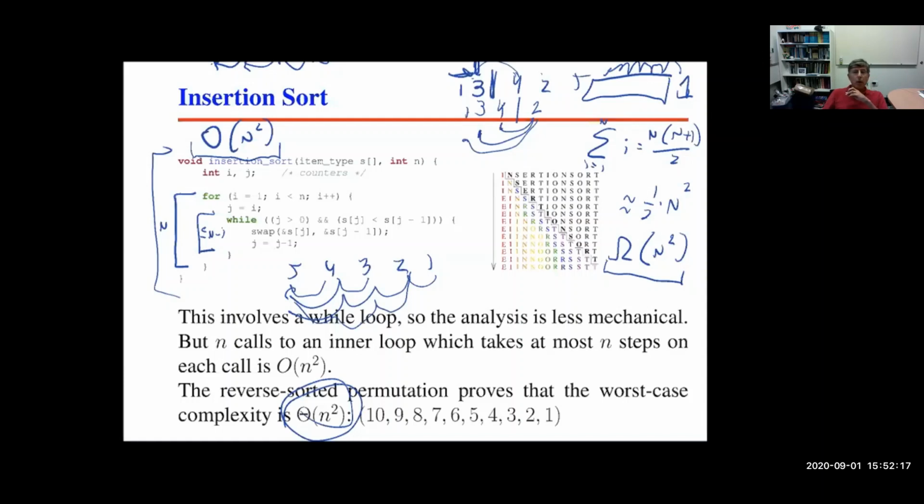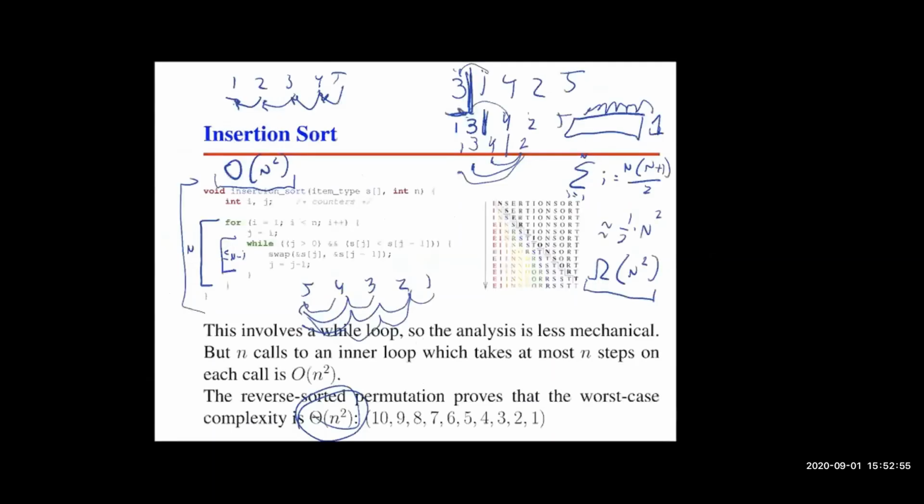Whether that's the really tight bound will turn out to be sometimes harder to show, okay? But getting an upper bound with the big O is designed to be easy. We'd like that to be as tight as possible, but at least getting something is usually pretty easy. Any questions? No, okay, good. Any other questions about how we analyze code?